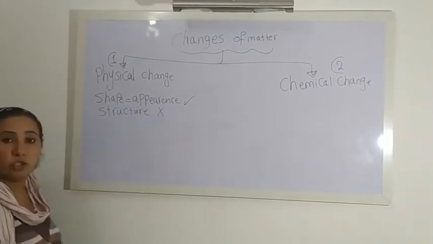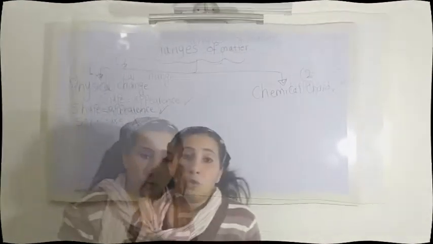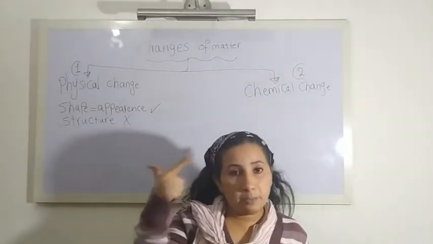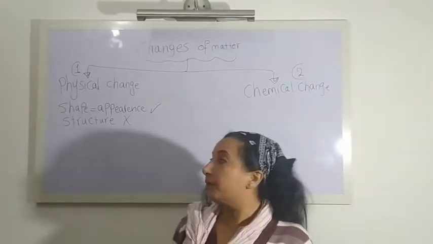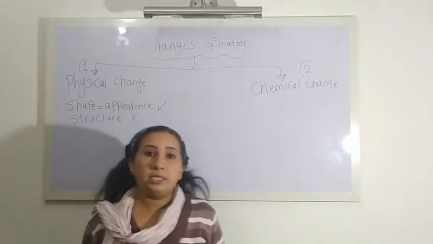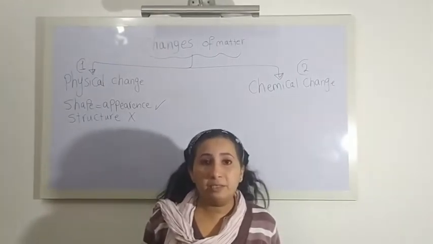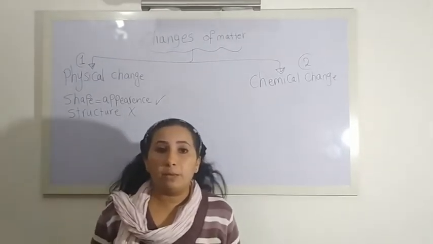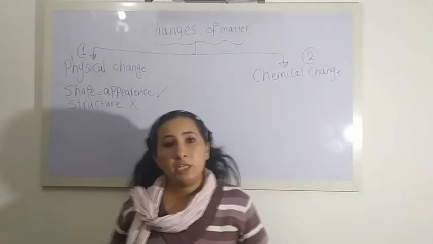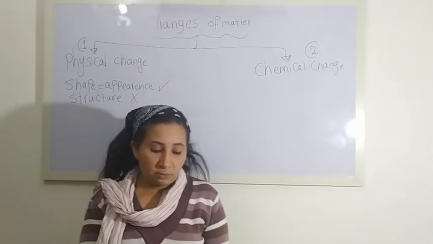No, there is no change in the structure. So the definition of physical change: it's a change of matter in the shape or appearance without any change in the structure. Let's look at some examples.